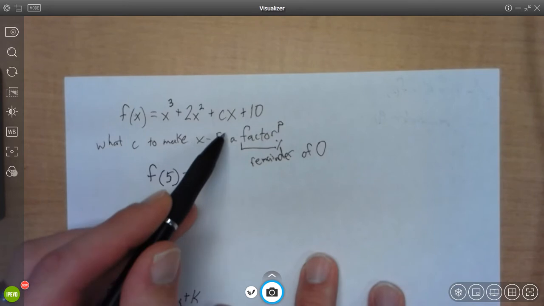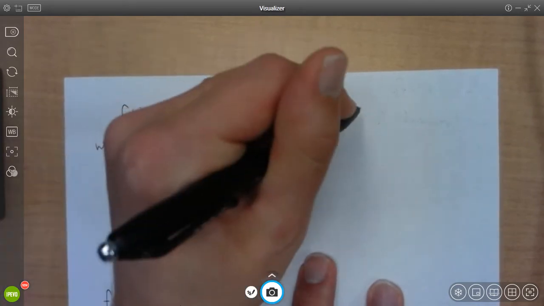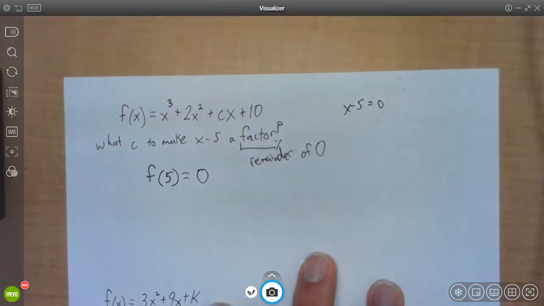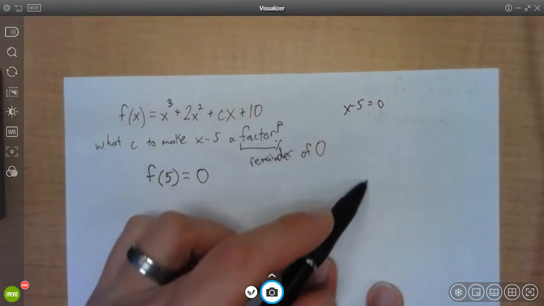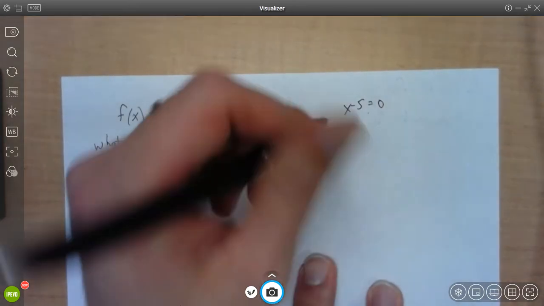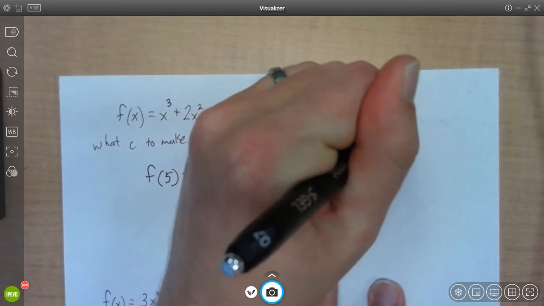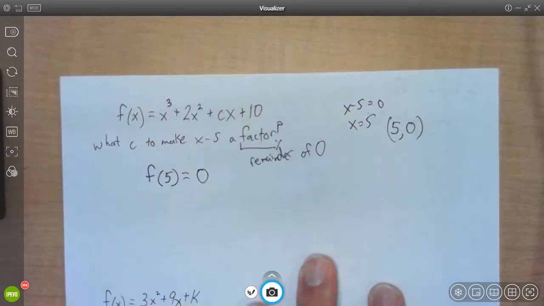So this is basically a mini equation that lets us know it's going to be an x-intercept, because it's a factor going to cross at that certain point. So that's where x is 5. So we know the point 5 comma 0 is on this graph.